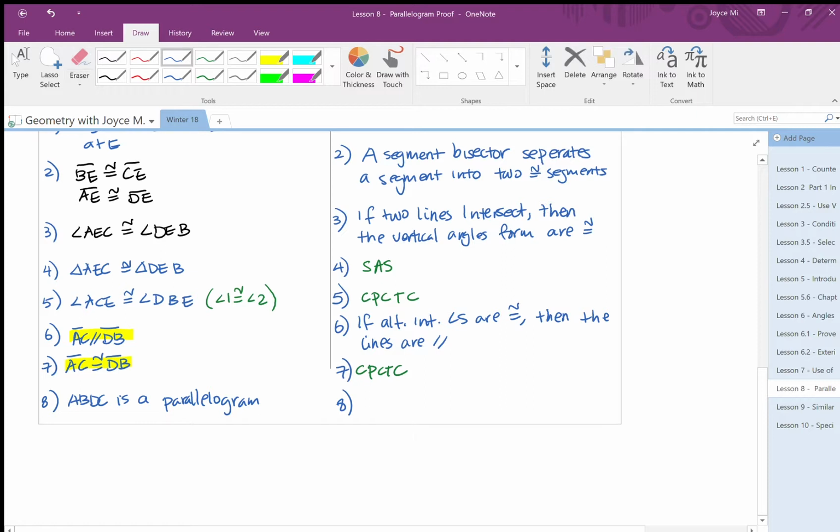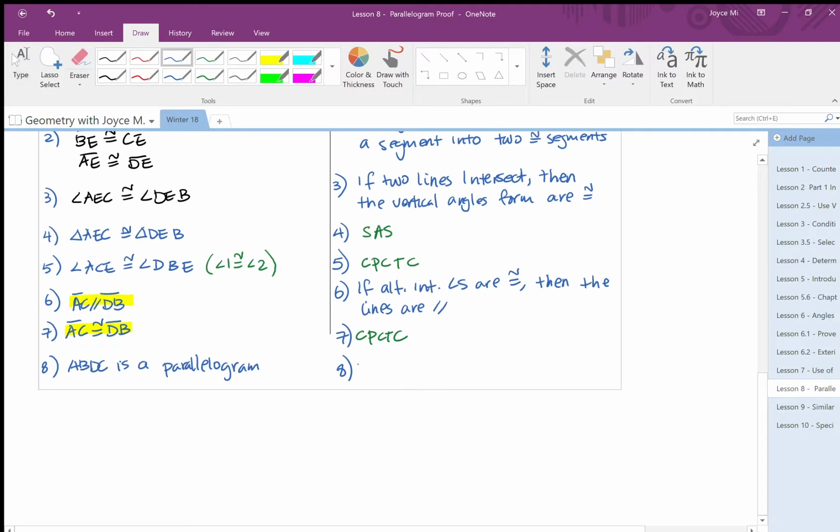So we say if one pair of opposite sides are both parallel and congruent, then I can make the conclusion that the quadrilateral is a parallelogram.